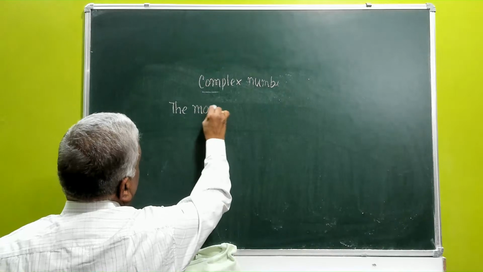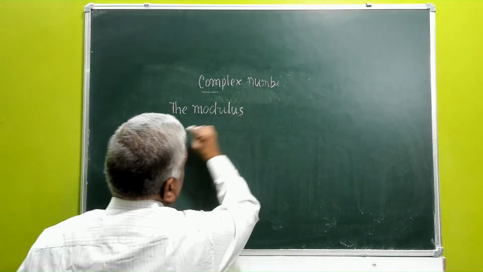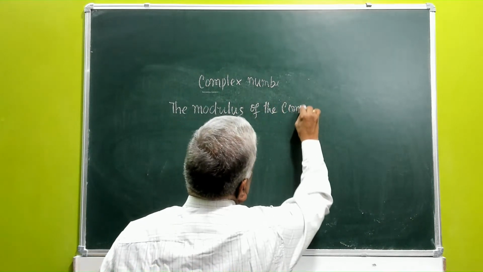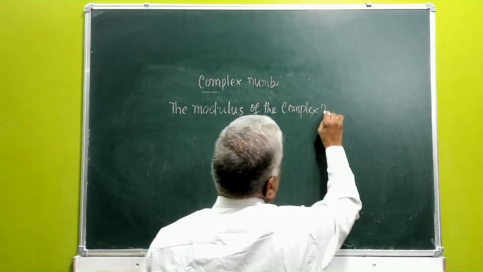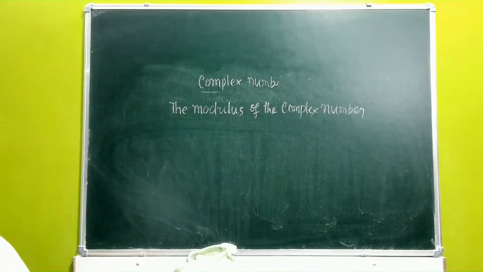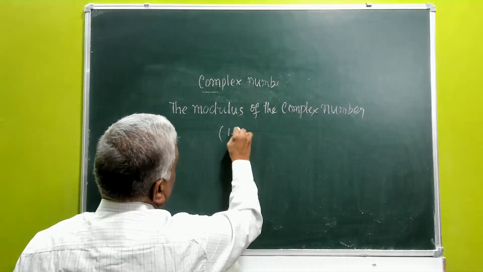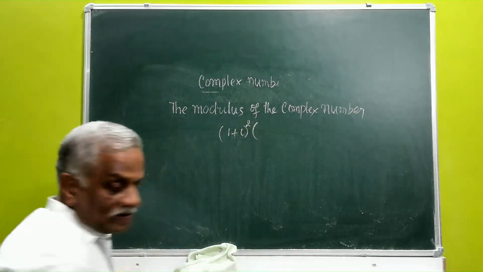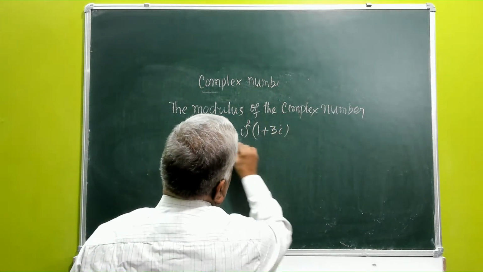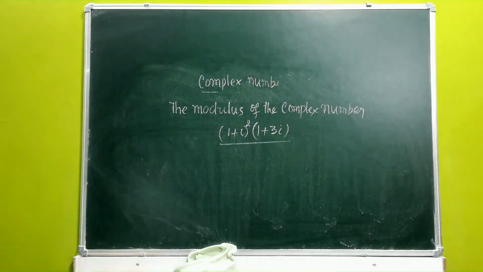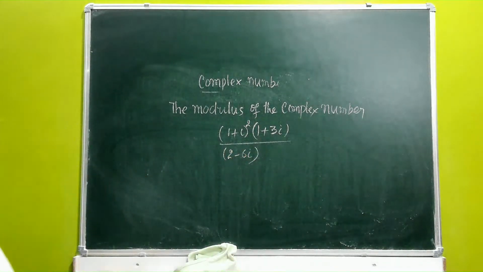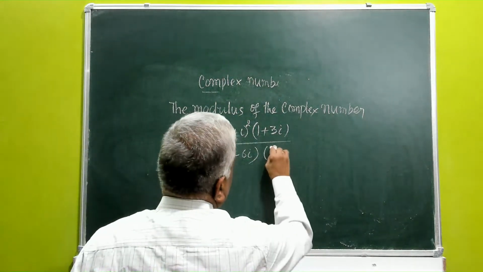The modulus of the complex number (1 plus i) whole square, (1 plus 3i) divided by (2 minus 6i) into (2 minus 2i).